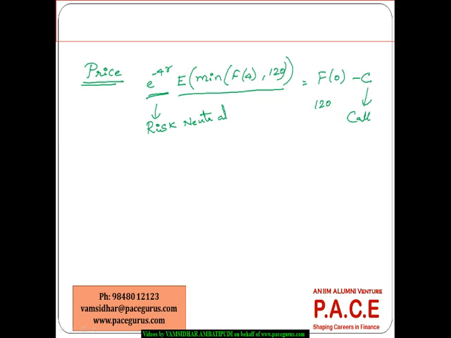So this entire thing probably will become 120 e to the power of minus 4r, that is the present value, minus the price of the call option. Now from here I can find out the price of the call option quite comfortably. This is a typical mechanism that goes into the pricing.